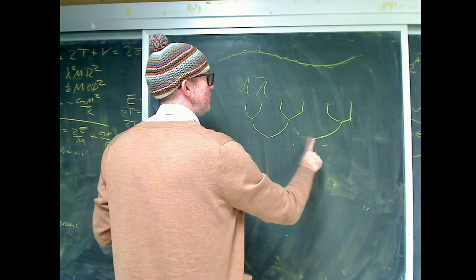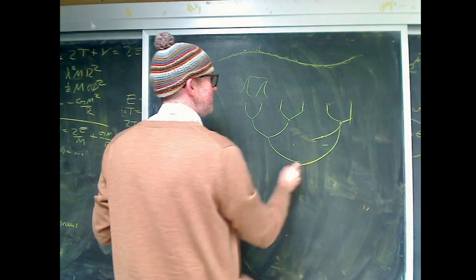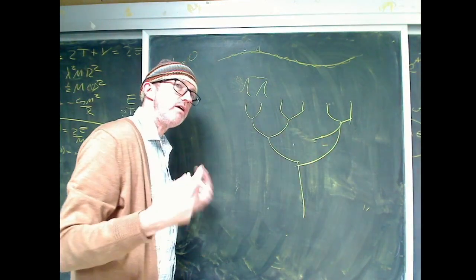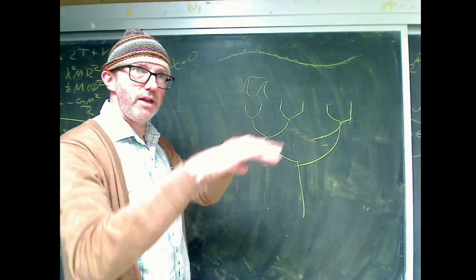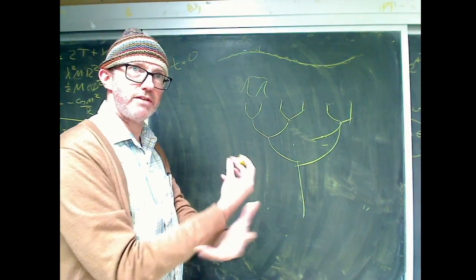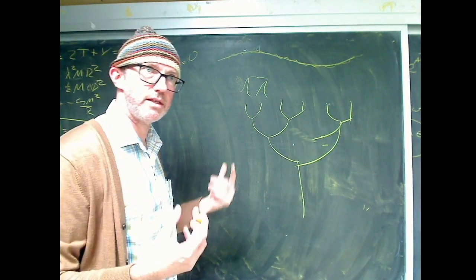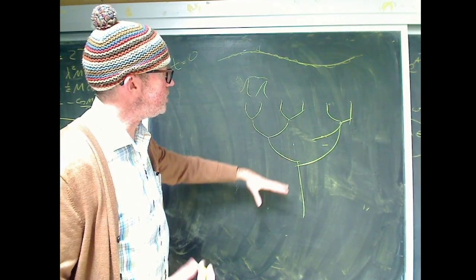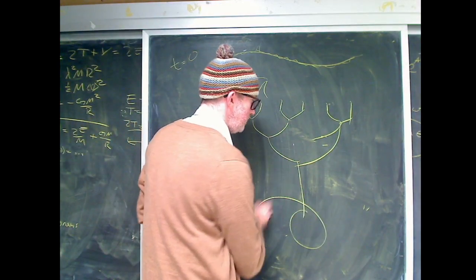So these guys will merge, and then these guys will merge, and these guys will merge. And we have this process of hierarchical merging where little things merge with other little things, and then they merge into bigger things, and clusters of stuff merge with other clusters of stuff, and in that process other things merge. So there's lots of mergers where little things smash into each other and form big things.